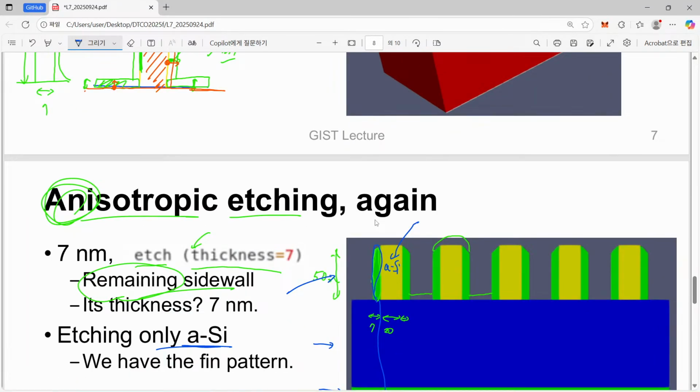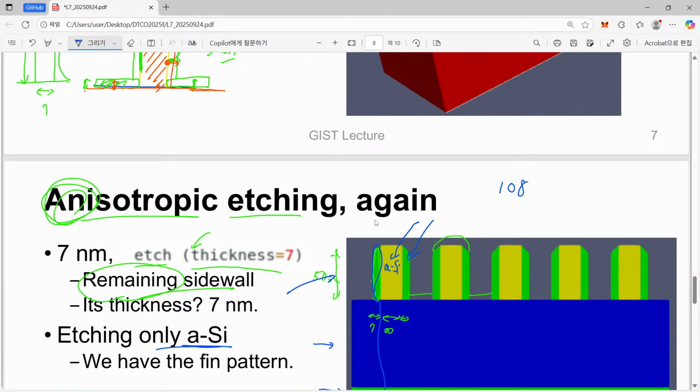This sidewall is now working as another mandrel. Then you can make an even narrower structure. Actually, we start from 108, a much wider one, and reduce it to 54. After that, it is reduced to 27.